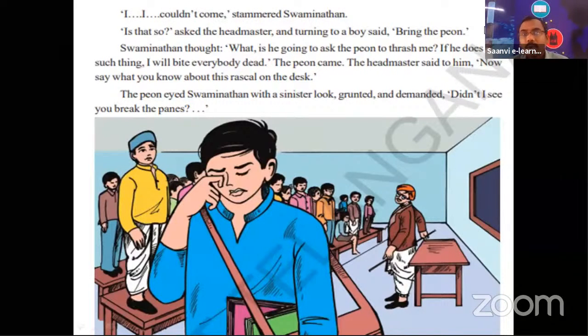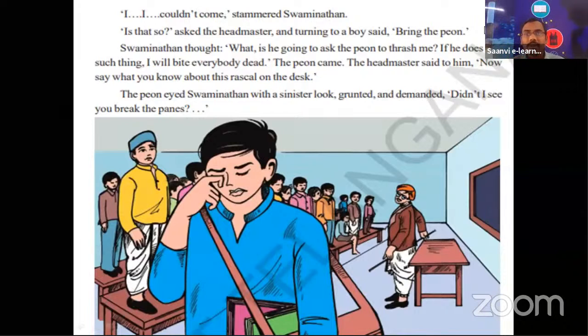So a thought came in Swaminathan's mind: is the headmaster going to ask the peon to beat him? If he does any such thing, I will bite everybody dead. So Swaminathan was planning to bite everybody to death.